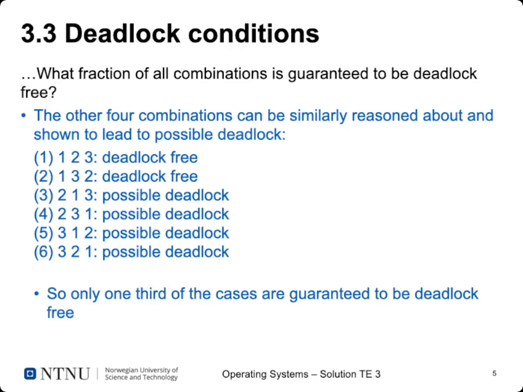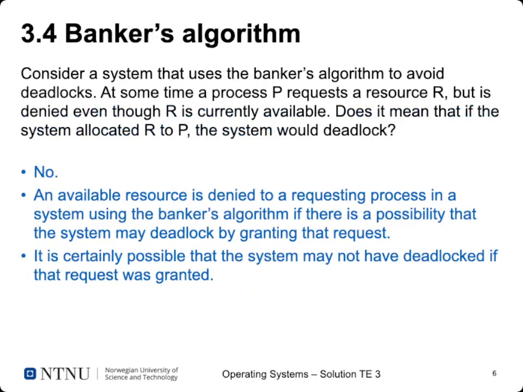All right. So the next question was about one of the algorithms. We took a closer look at the banker's algorithm. And you were asked to consider a system that uses this banker's algorithm to avoid deadlocks. So we have a scenario for which at some point in time, a given process P requests a resource R, but this process P is denied the resource, even though R is currently available.